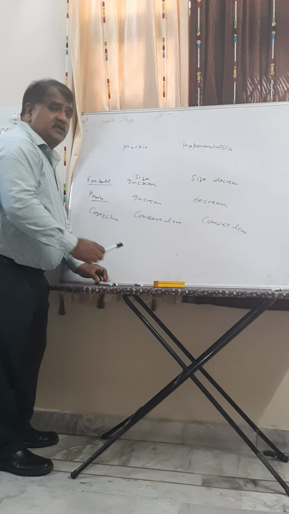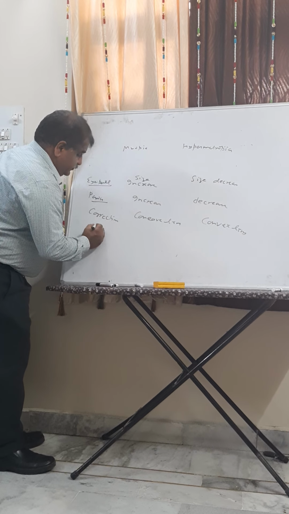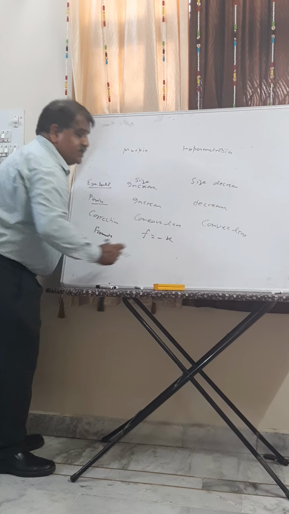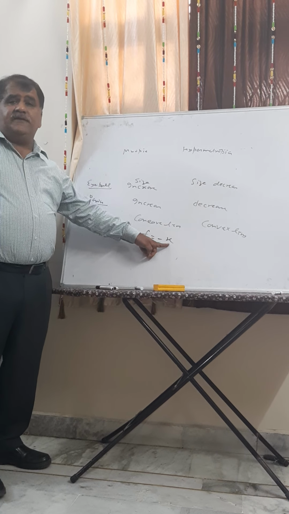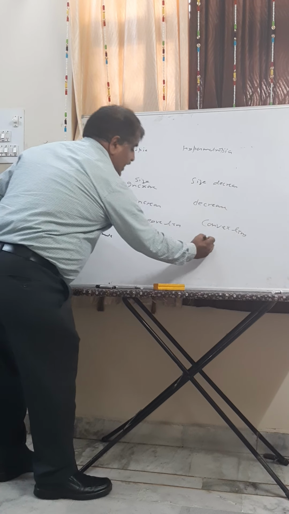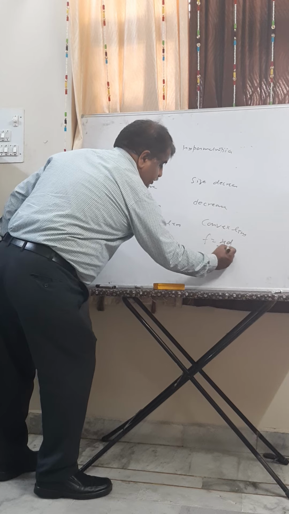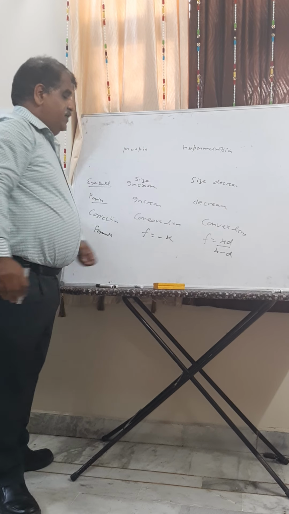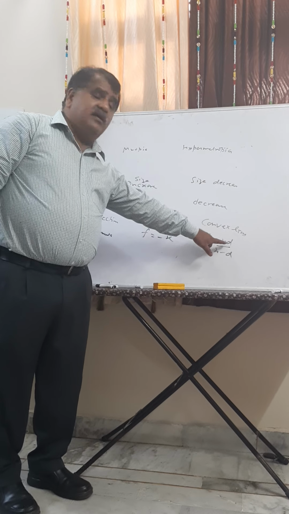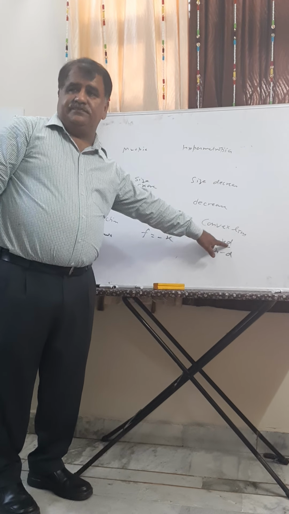As far as the formula is concerned, the formula is F is equal to minus X, where X is the defective far point. Here F is equal to XD upon X minus D, where X is the defective near point and D is the least distance of distinct vision.